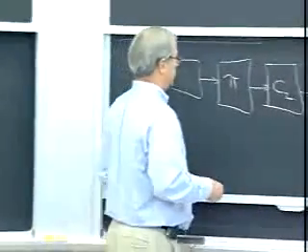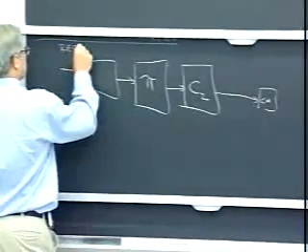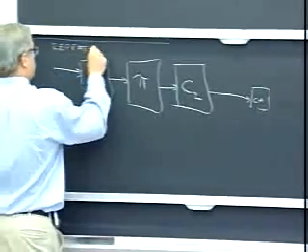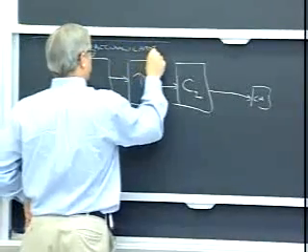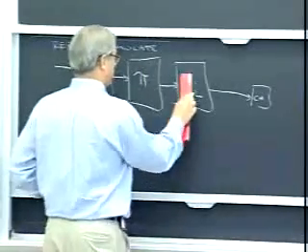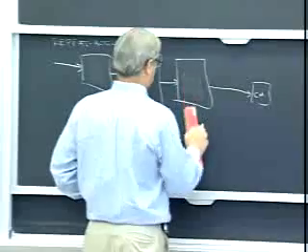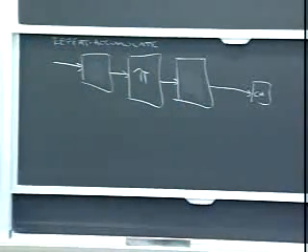Here, I'm going to talk about repeat accumulate codes, just because they are so simple. These were proposed by Divsalar and McEliece really for the purpose of trying to find a simple enough turbo code so you could prove some theorems about it. There are hardly any theorems about turbo codes.